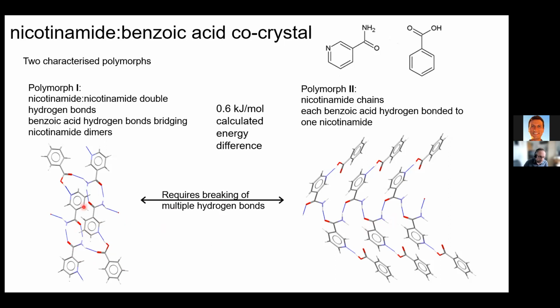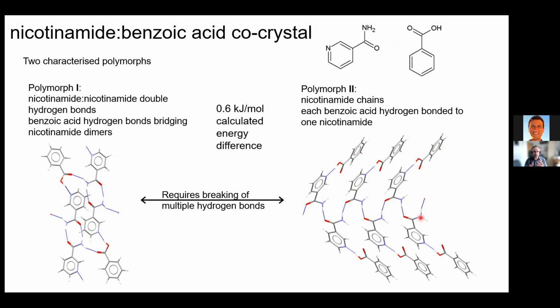So here you have nicotinamide, double hydrogen bonds, and these benzoic acids sort of linking these dimers of nicotinamides. And essentially most of those hydrogen bonds would have to be broken to then get to this arrangement here where you have nicotinamide chains with the benzoic acid sitting off each nicotinamide here.